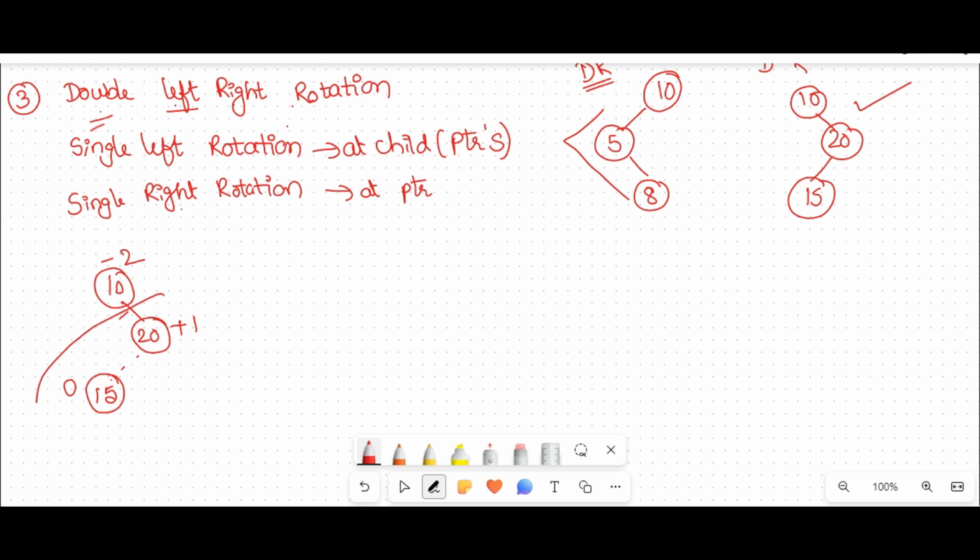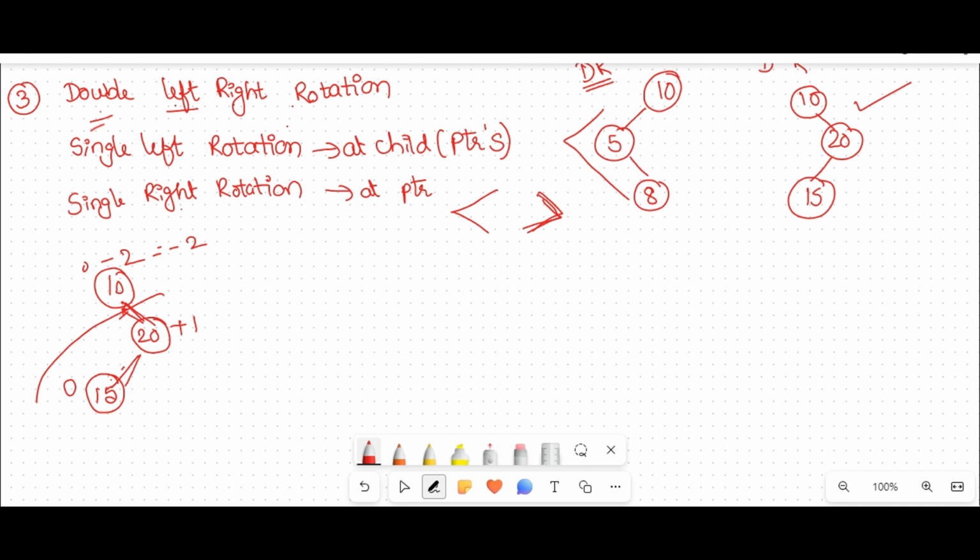This is the entire right subtree, so 0 - 2 equals -2. So what I said, double rotation. The tree is growing like this or like this, then apply double rotation.